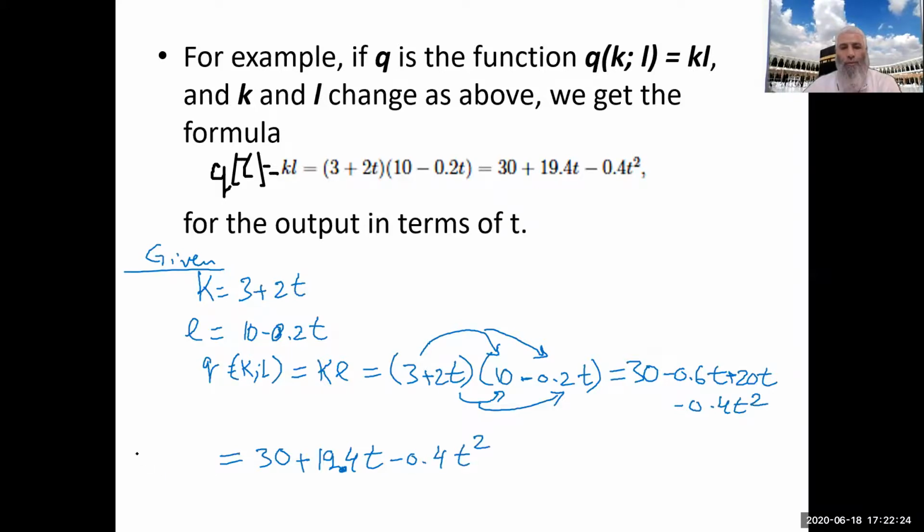This is Q of K of t and L of t. For the output in terms of t, we can say Q of t directly.